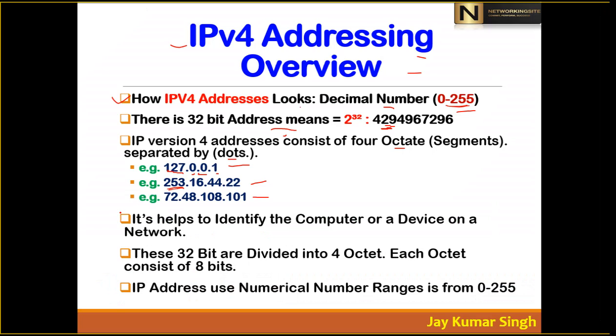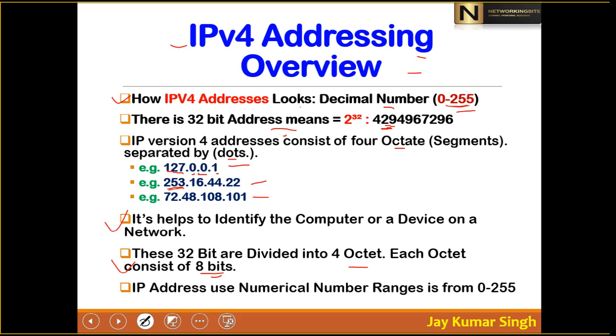We already know that the IP address helps to identify the computer or a device on a network. These 32 bits are divided into 4 octets. So each octet will have 8 bits, right? If you have 32 bits and that 32 bits is divided into 4 octets, of course you have 8 bits per octet.